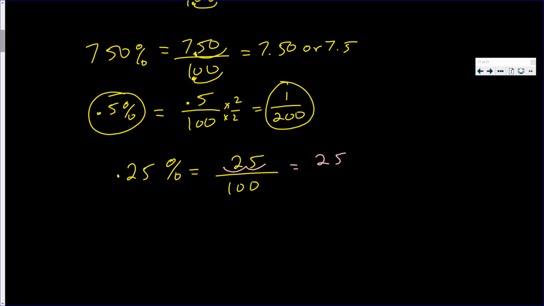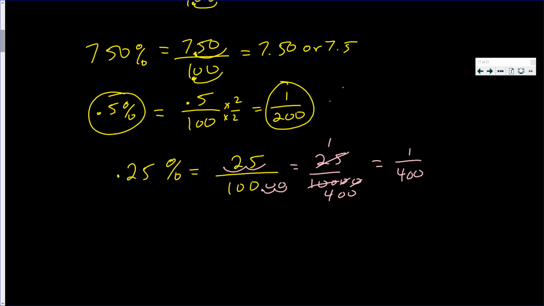So now I get 25, and then I move this decimal over to the right 2 places, and I get 10,000. Now 25 goes into 25 one time. 25 goes into 100 4 times. Don't forget the 2 zeros. So it's 1 over 400.